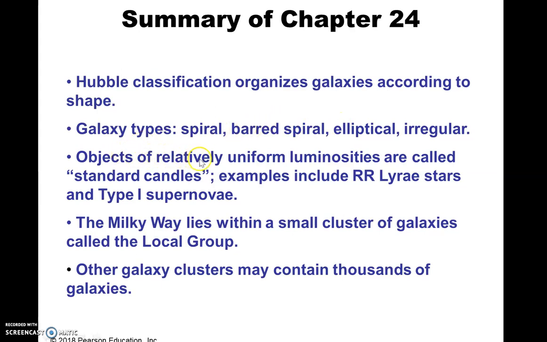Let's see, uniform. So remember, we extended the distance ladder using Cepheid variables, or RR Lyrae. Then we use standard candles; in other words, supernova type 1 were standard candles.